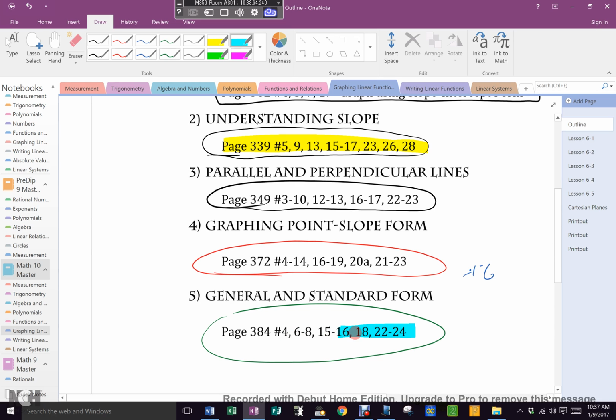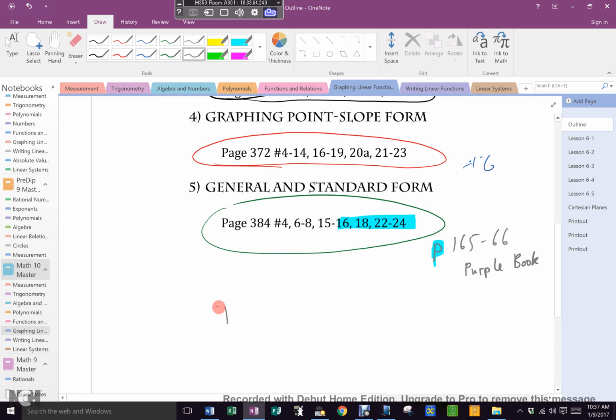So, I want you to have a look at 384. I want you to do page 165 to 66 in your purple book. And then tomorrow, Tuesday, you're going to get a review on this unit. Which will be tested Thursday.